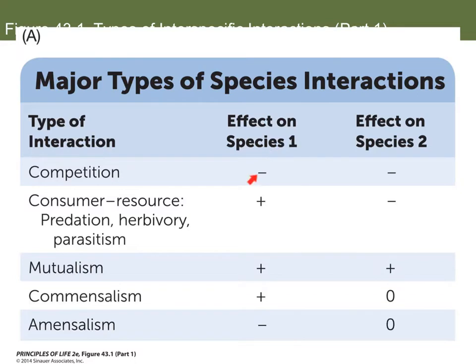So the effect of species 1 and the effect of species 2: for competition, both of them are negative. Both of them lose out. For consumer resource, one organism benefits, the other one's harmed. Mutualism, both of them benefit. Commensalism, one benefits, the other is unaffected. And then in amensalism, one is harmed while the other one is unaffected.